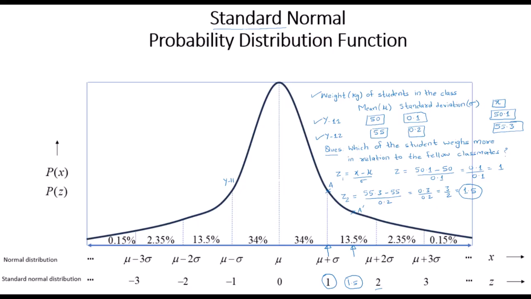If you see, 1.5 is further away from the mean as compared to a z value of 1 in year 11. So with this, we conclude that student 2 weighs more in relation to the fellow classmates as compared to student 1 in his or her own class. Important to mention here that I should have drawn one more curve for year 12, but as long as we understand the concept, that should be fine.